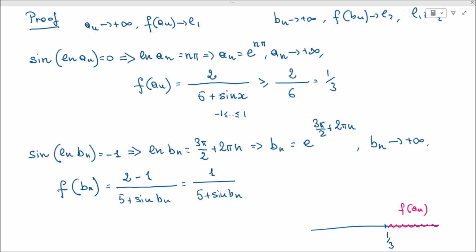And we know that this must be less than or equal, so we need now to build a fraction which is larger, so we'll keep the same numerator, and we need to take the minimum possible denominator, which is of course 4, because if sine achieves the value -1, we have 5 minus 1 is 4.